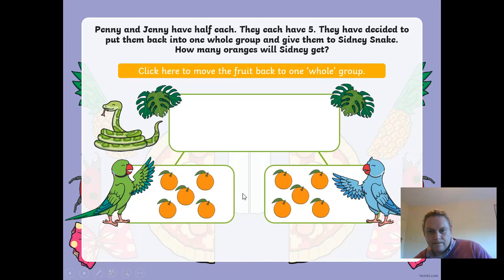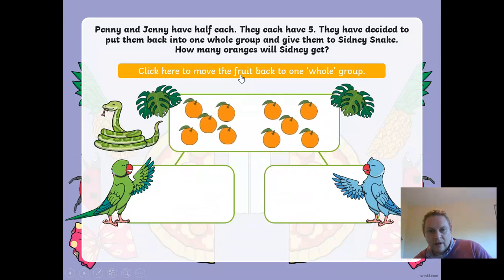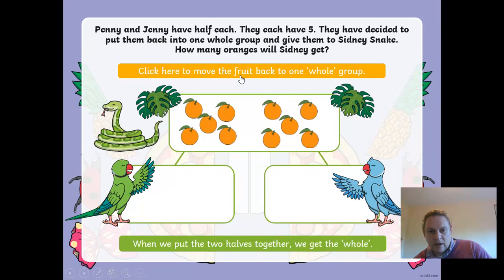Okay. So how many is Sydney Snake going to get? It's going to get 10. Okay, when we put 2 halves back together, we get the whole. Okay, so the whole amount that they started with was 10. It was divided into 2 halves, and they got 5 each.